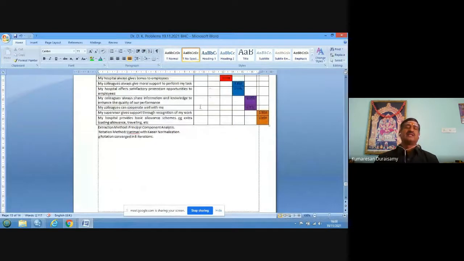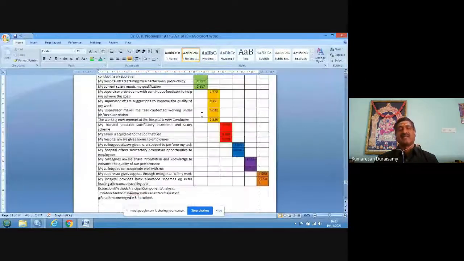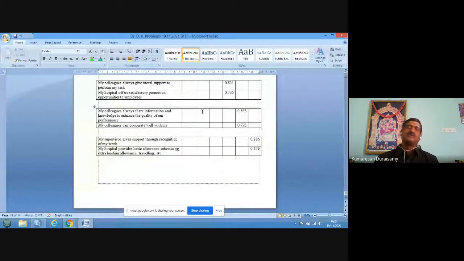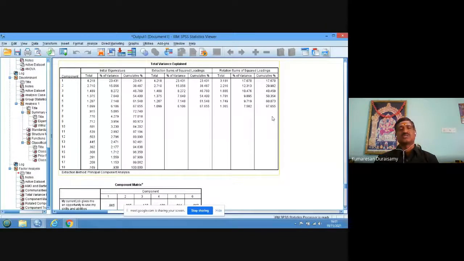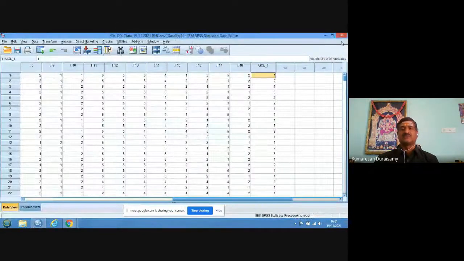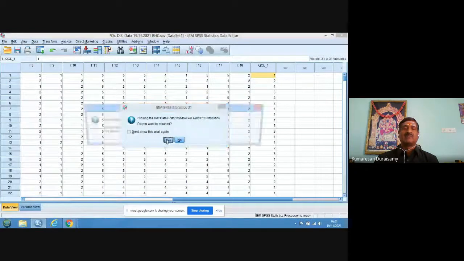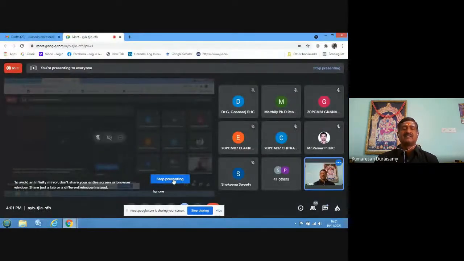That's all. So that's all about the exploratory factor analysis. So I conclude. We have discussed 5 different and important tools. Number 1, multiple correlation. Number 2, multiple regression. Number 3, cluster analysis. Number 4, discriminant analysis. And finally, factor analysis.